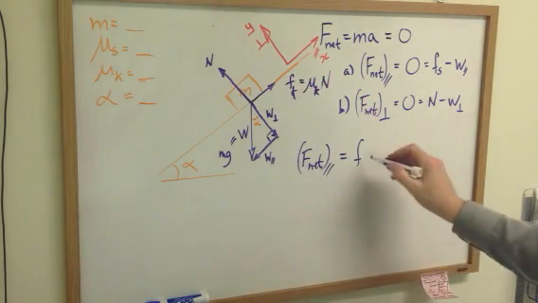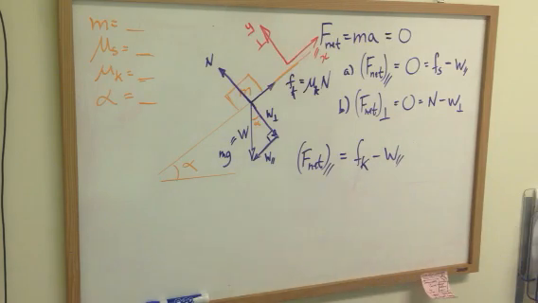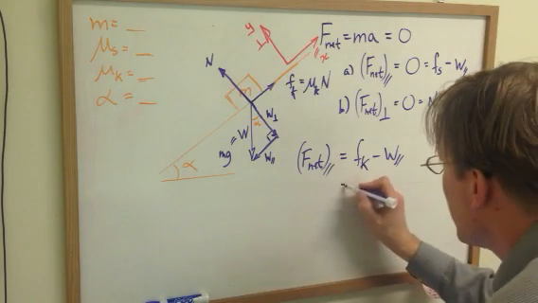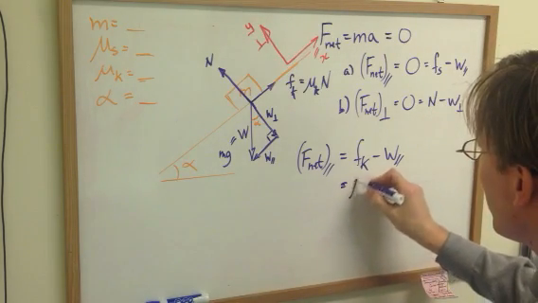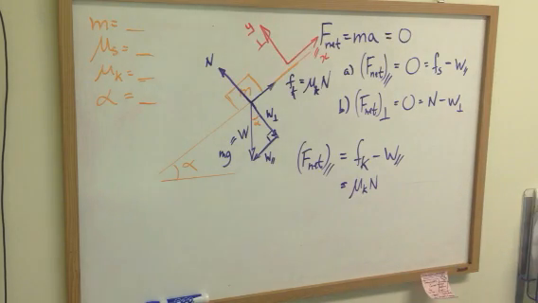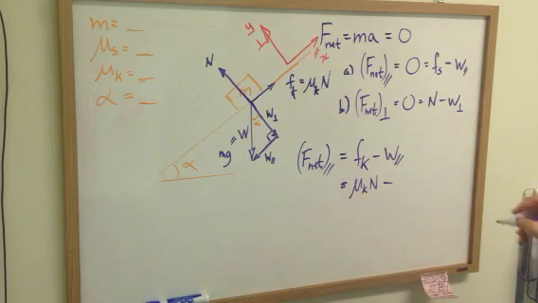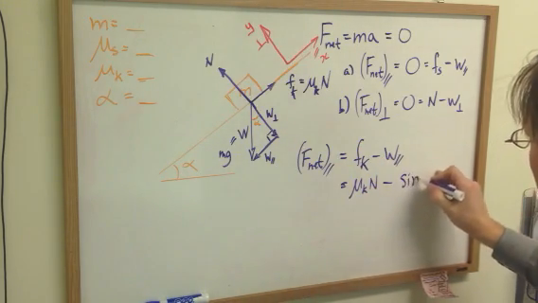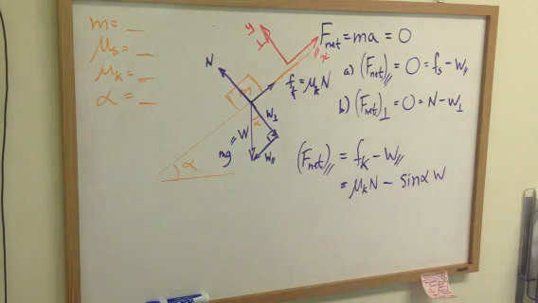It's the kinetic friction force minus the weight still pulling parallel to the surface. This is equal to mu kinetic N, and weight parallel is equal to sine alpha times the weight.